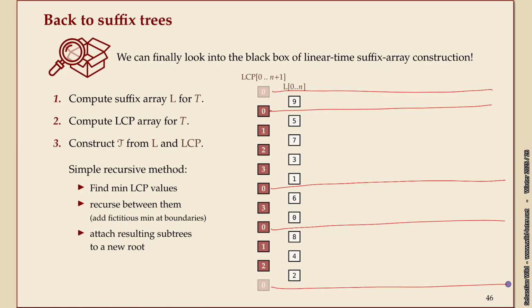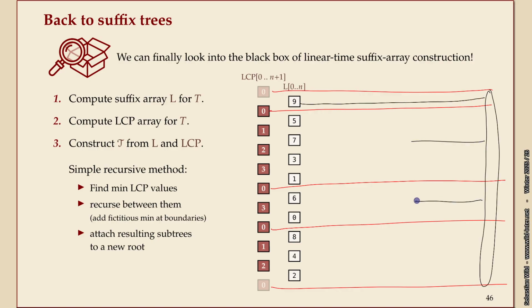That's going to be the top-level split, essentially the root. So there will be a root. I'm drawing it a bit elongated so that the edges to the children are easier to see. And we'll recursively apply the same procedure to all the ranges between the red lines. What you get back from this is added as a child to the root.